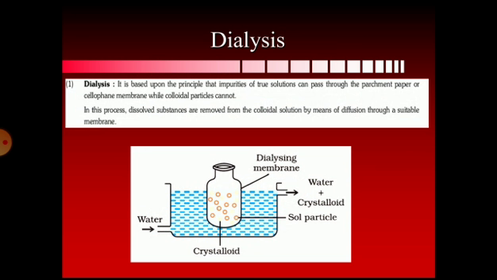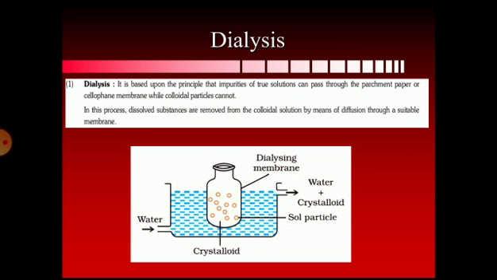The impure colloidal solution will have the colloidal particles as well as the impure particles. If the impure particles are very small compared to the colloidal particles, then we run the dialysis process by using the animal membrane or parchment paper.